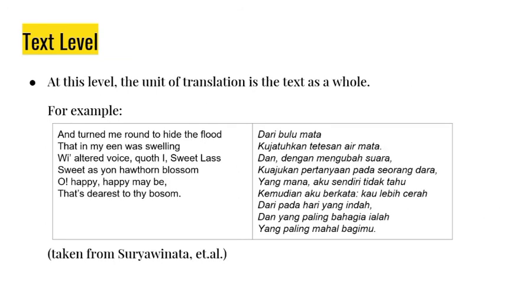And then there is text level. At this level, the unit of translation is the text as a whole. The example of this is the translation of prose and poetry. You can take a look at this poetry by Robert Burns and then translated by Suryawinata et al.